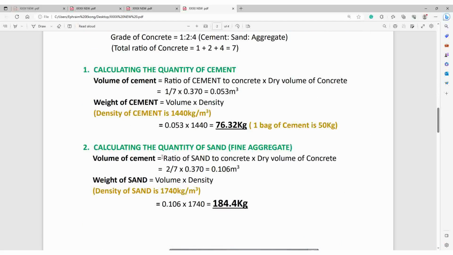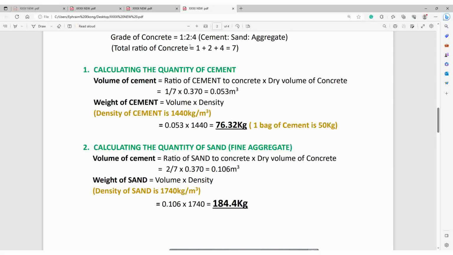Now let's calculate the quantity of sand, known as a fine aggregate. To do that, you say volume of sand is equal to ratio of sand to concrete multiplied by dry volume of concrete. So our ratio here, which is sand, is 2 all over 7.